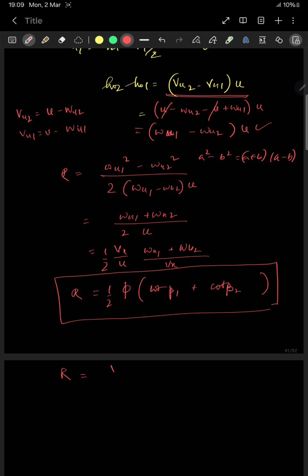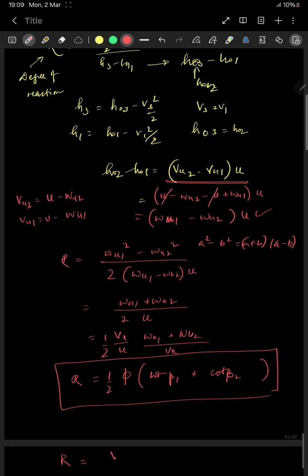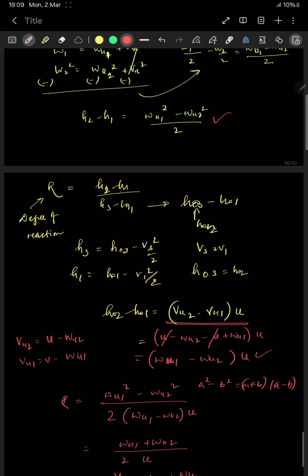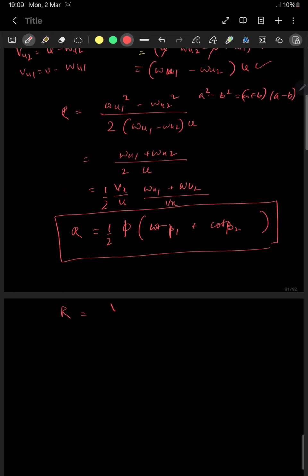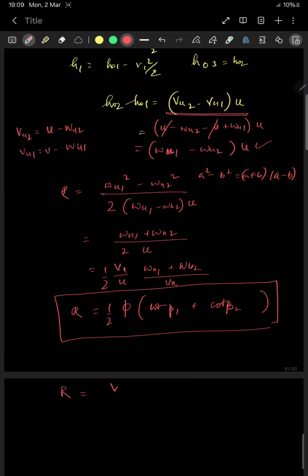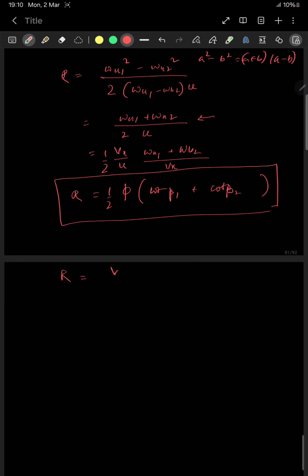So R was wu1 plus wu2 into 1 by 2 by u. So wu1 is u minus vu1.